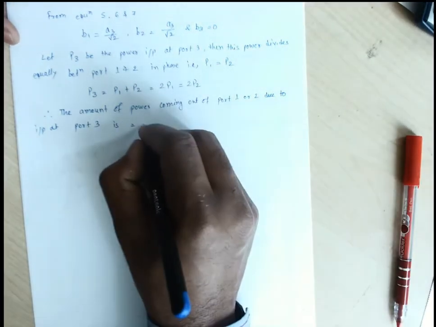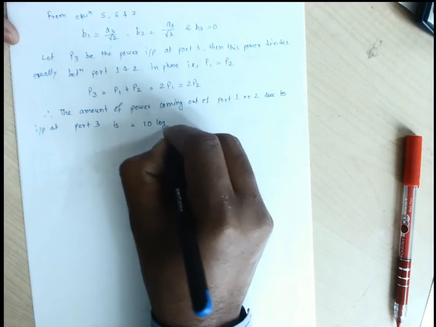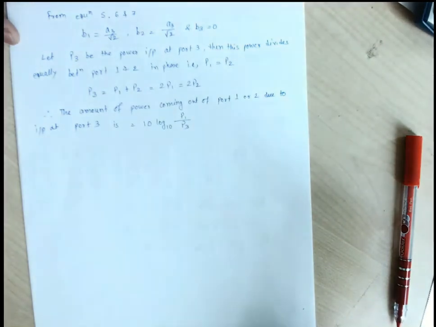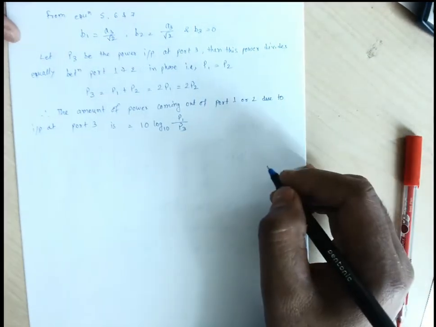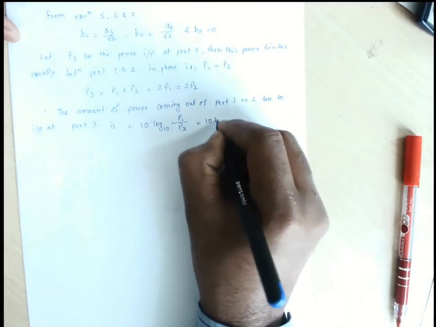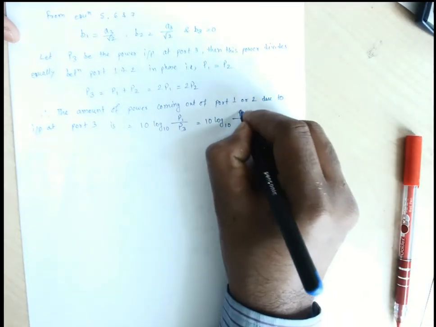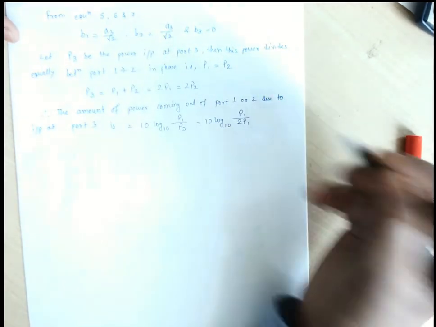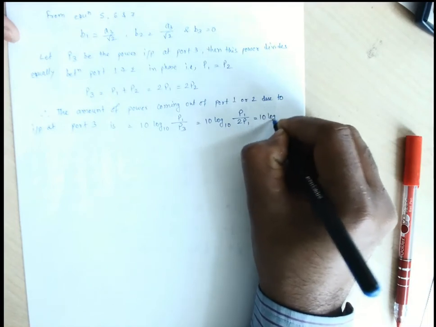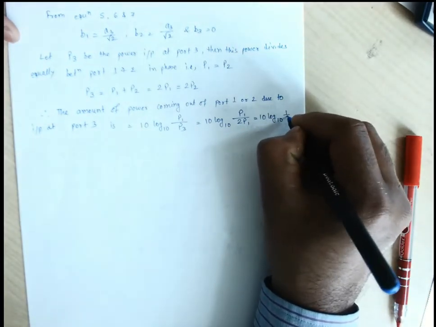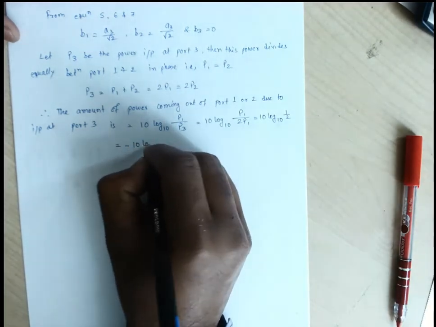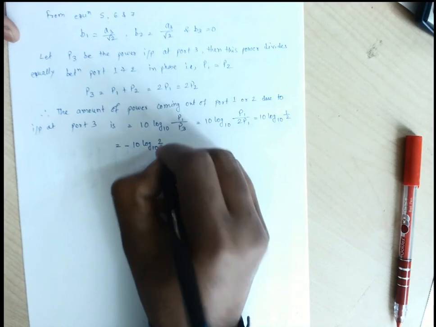So we can say that is equal to 10 log base 10 of P1 by P3. So what is this P3? Either twice of P1 or twice of P2. 10 log base 10 of P1 by twice of P1. So it is 10 log base 10 of half, or minus 10 log base 10 of 2.